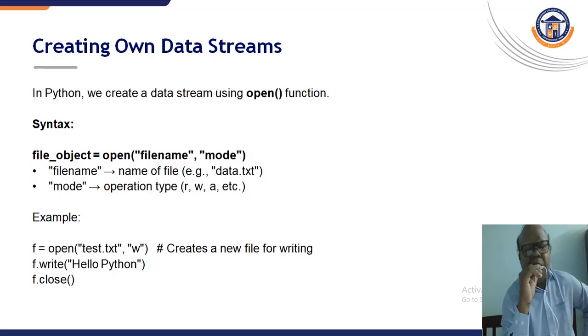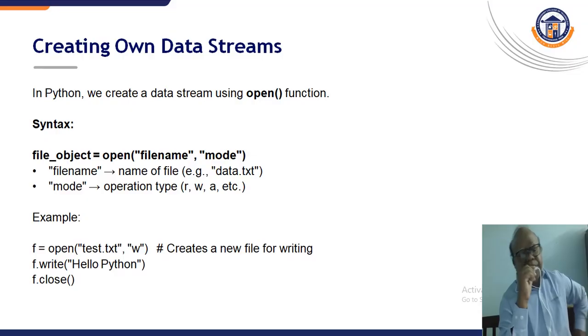Read means small r, write means w, a means append mode. So when you are opening the file in read mode, it is possible for you to read the content. Similarly, if you want to write any new content, you have to open with w, write mode, and append mode will append to the existing file.